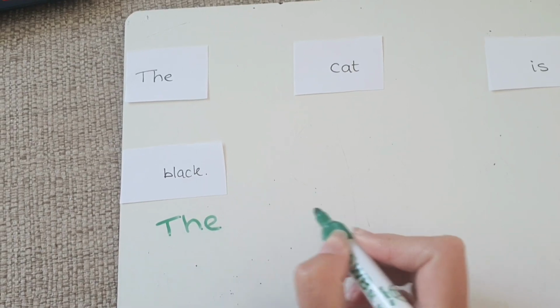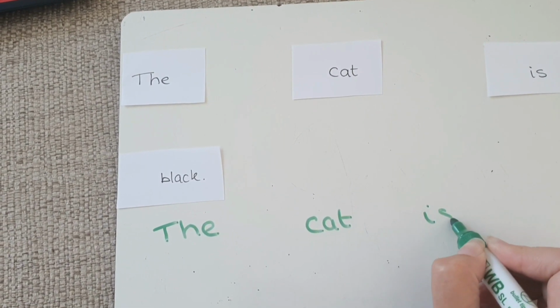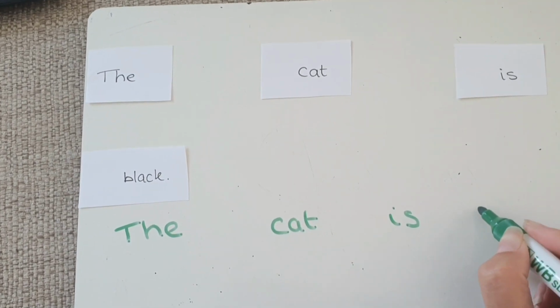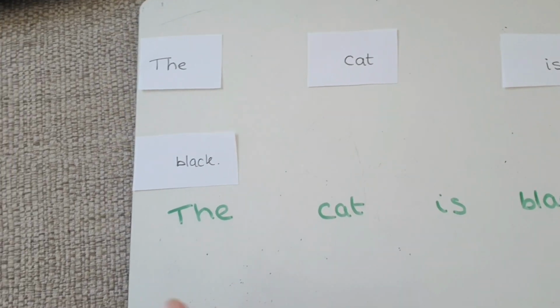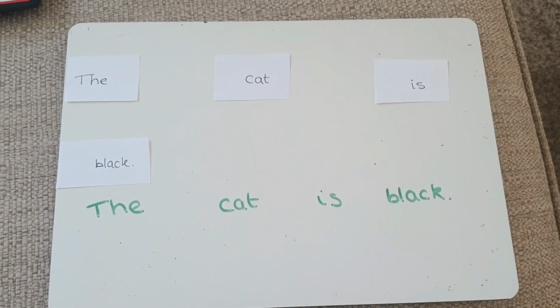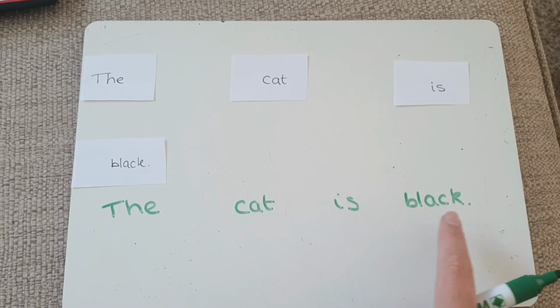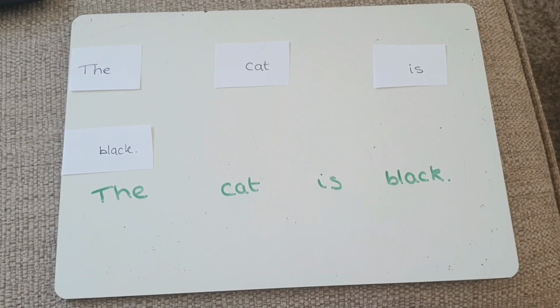So the cat, with those big spaces, is, I am going to squeeze back on there because I can fit it where I'm writing it. But it's okay to start a new line. So I've got the cat is black. And there's my sentence. And make sure you read it back, making sure you've read all of the words and that it makes sense. Okay.